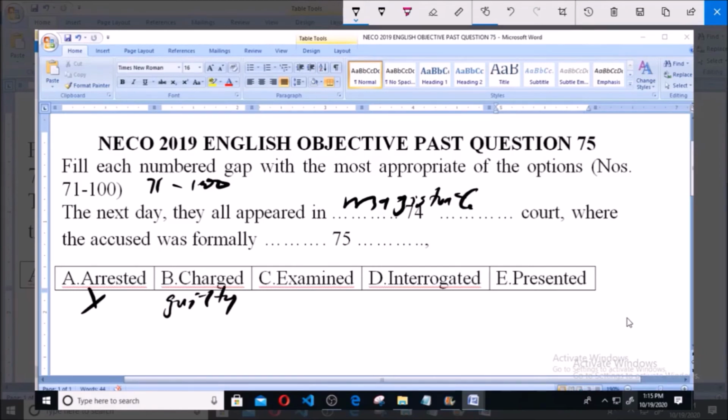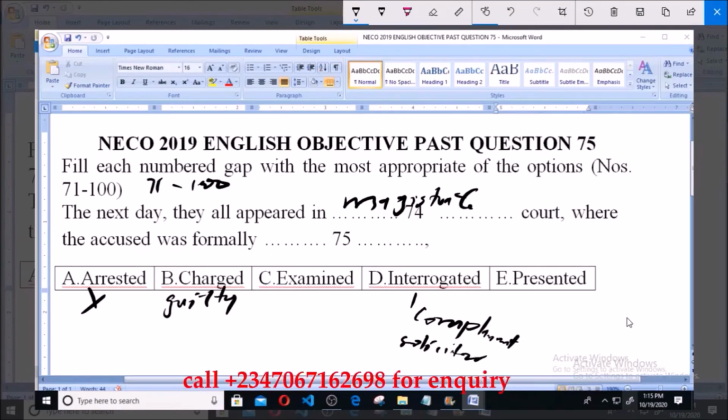Then option C says examined. Yes, examined. What the court does when an accused person appears in a court of law is to examine the fellow, not to interrogate. Interrogation comes from the complainant, maybe the solicitor or lawyer.